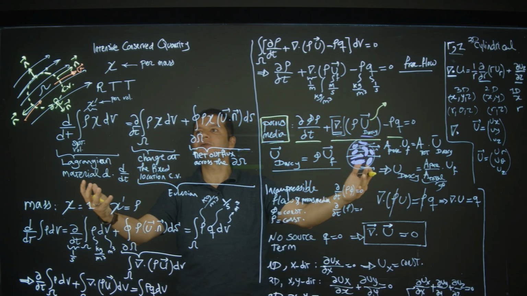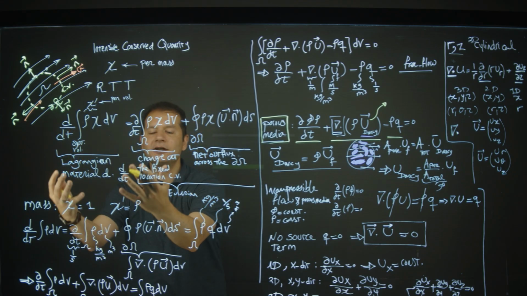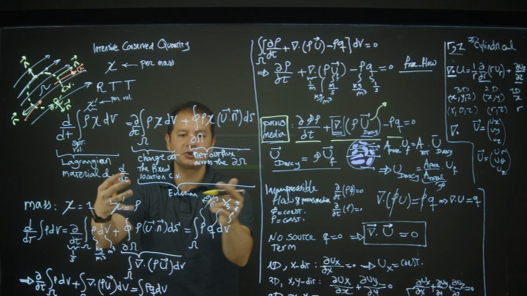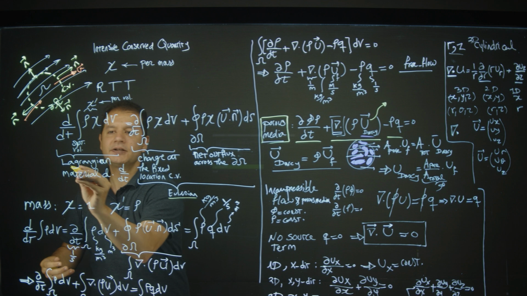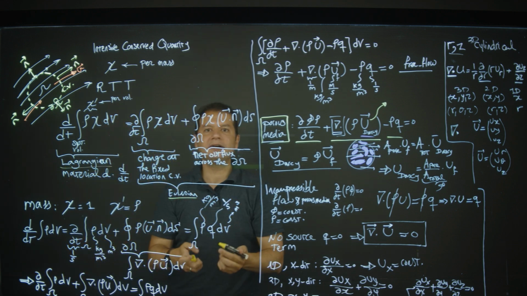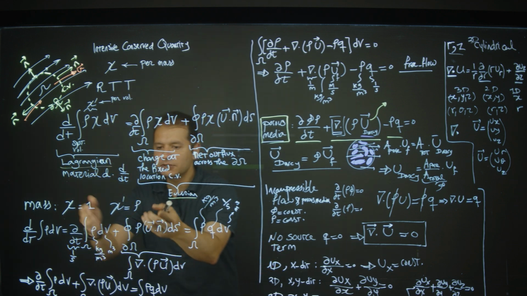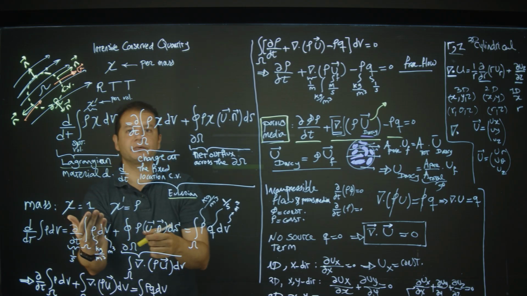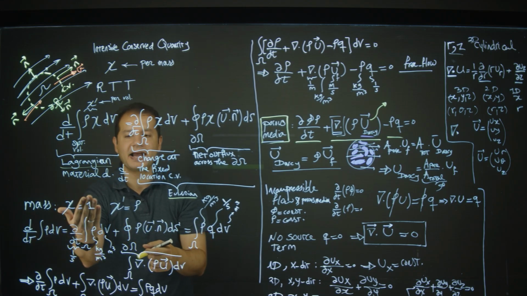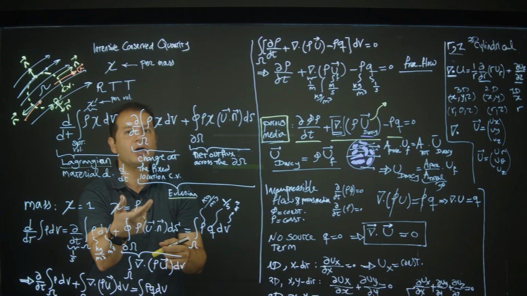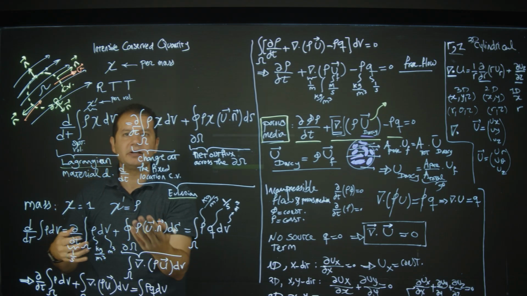For mass balance, we wrote down the material change with fixed position in the Eulerian system, changing from the Lagrangian perspective to the Eulerian system. For an intensive property related to mass, which is mass per mass, it is 1, or if you write it per volume, the intensive property will be density.